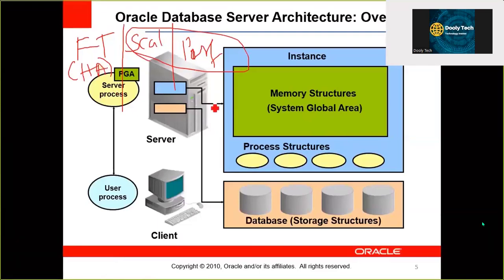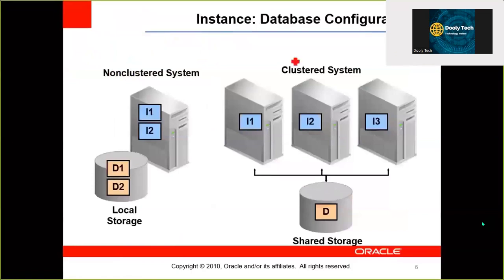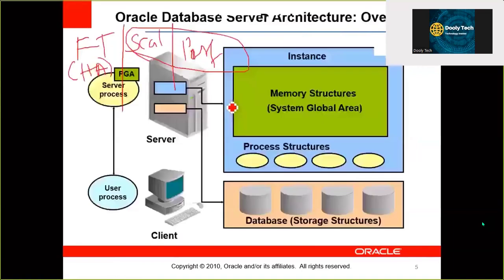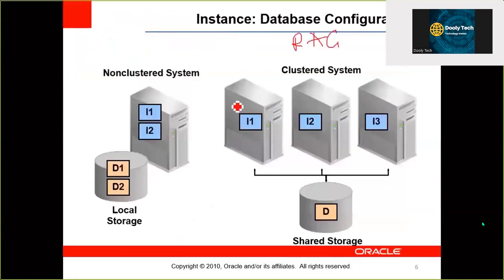So Oracle offers, as I was telling you, a separate training program called Real Application Cluster. Here, instead of depending on a single server accessing the database, Oracle says you have one server, let's make one instance run here, and that instance accesses your database on shared storage over a storage network.